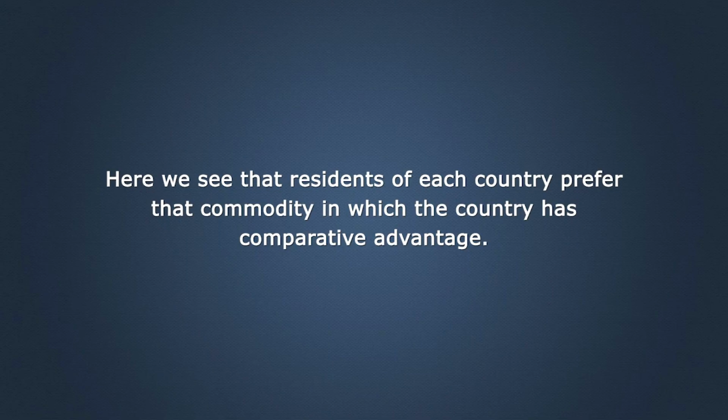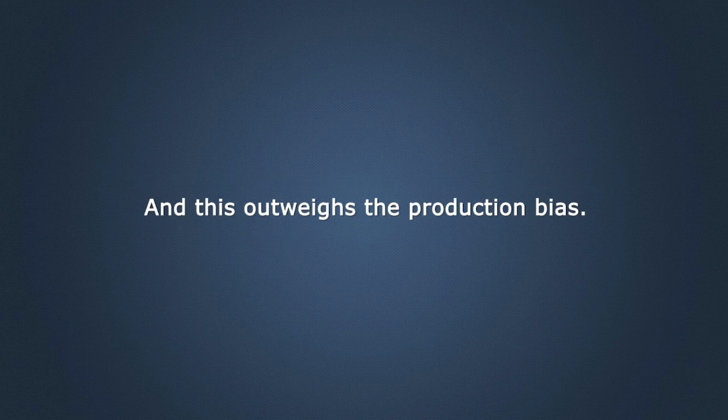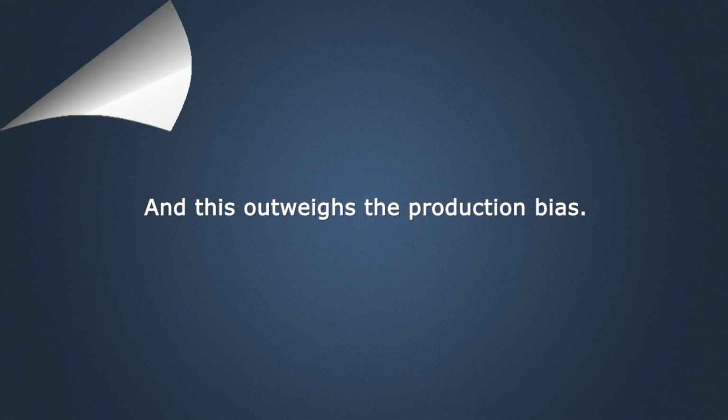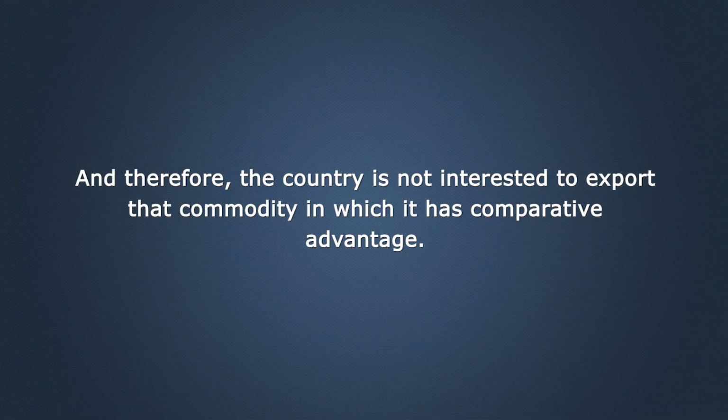Here we see that residents of each country prefer that commodity in which the country has comparative advantage, and this outweighs the production bias, and therefore the country is not interested to export that commodity in which it has comparative advantage. So here we see how the model is violated due to the demand factor.